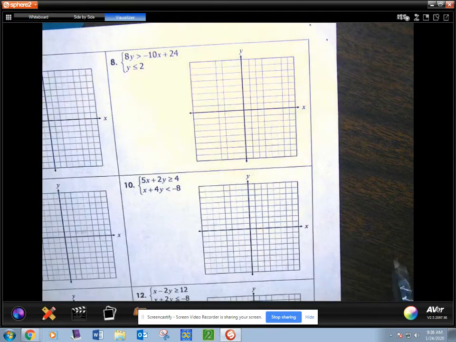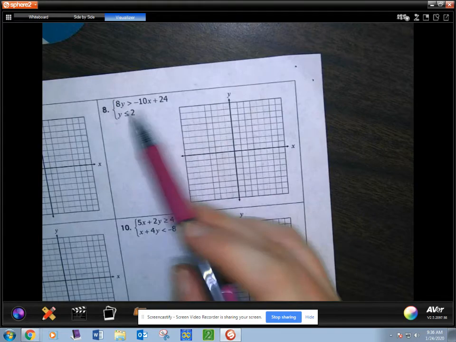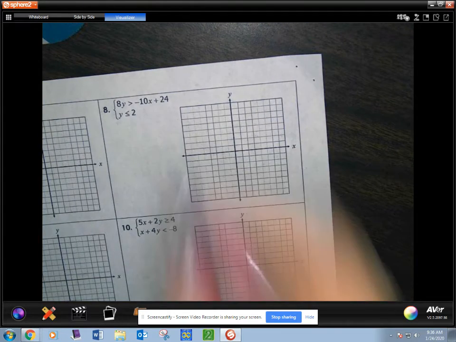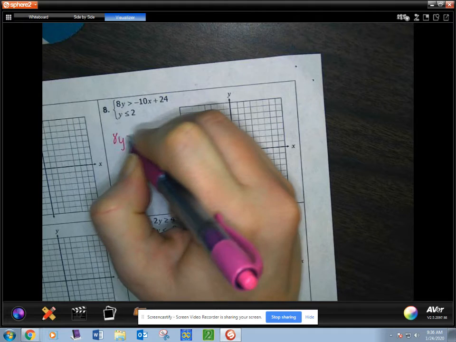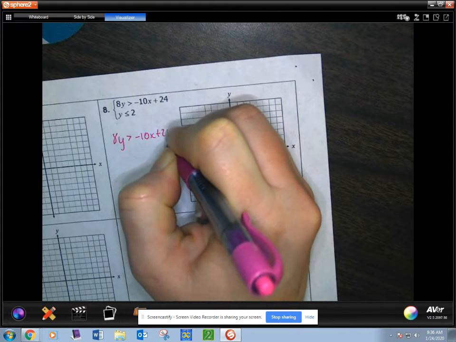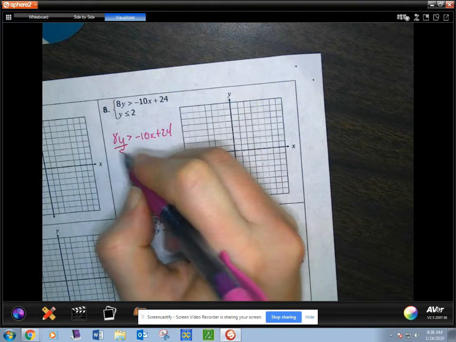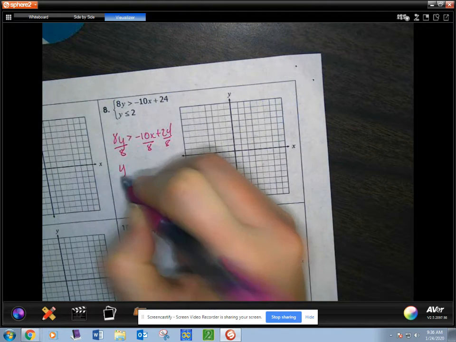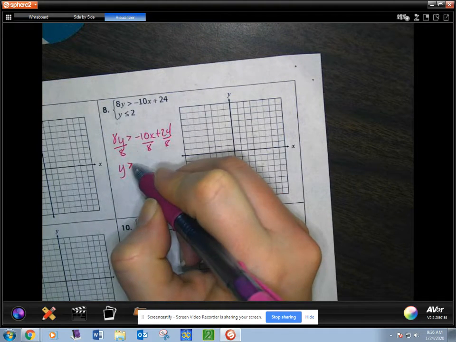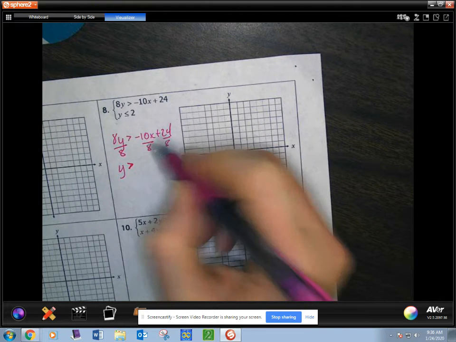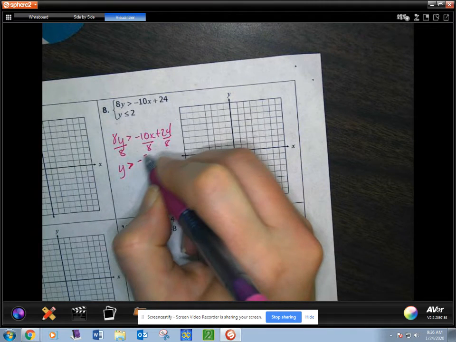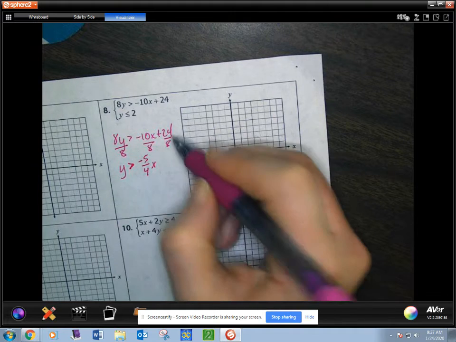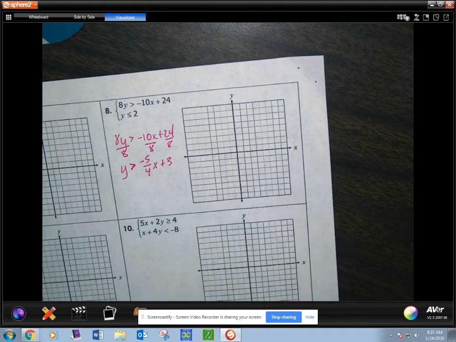Okay, for number 8, I have 8y is less than negative 10x plus 24. Y is not by itself, so I'm going to bring this down. I need to just divide by 8 because they already moved the x for me. When I divide by a positive 8, it does not change that sign, and negative 10 over 8 becomes a negative 5/4 x, and 24 divided by 8 becomes plus 3.